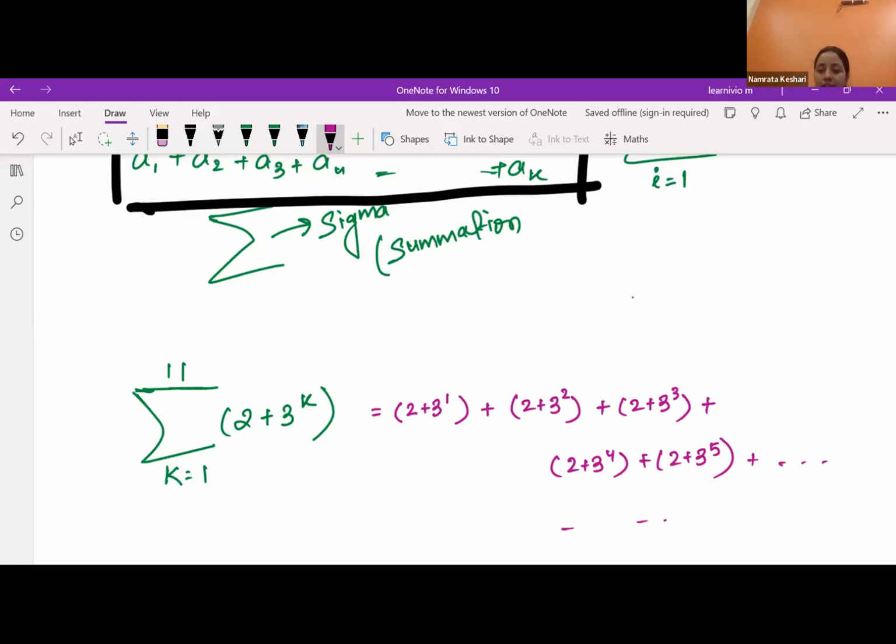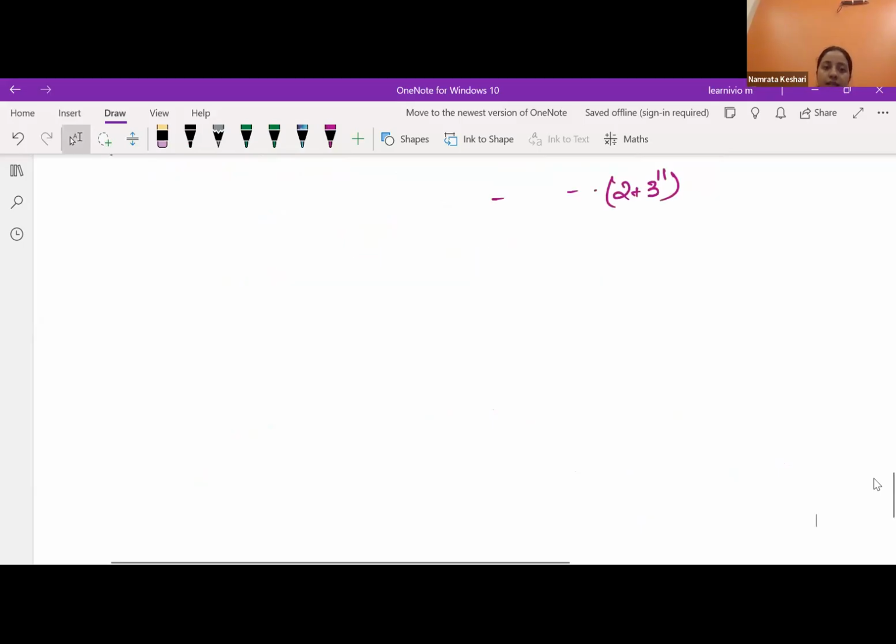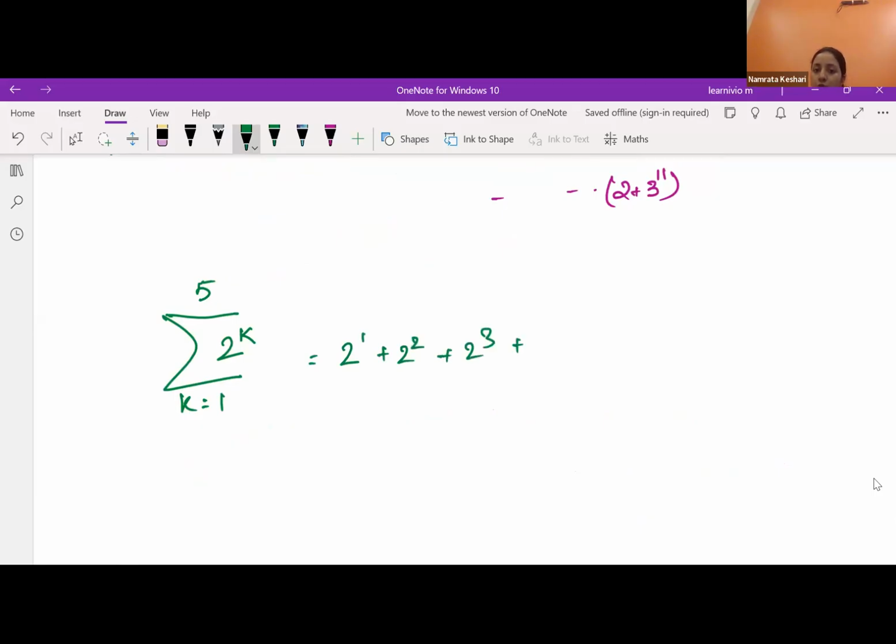If I give you something like this, that k is ranging from 1 to 5 and you have to find, let's say, 2 to the power k, then you will find the summation of 2 to the power 1 plus 2 to the power 2 plus 2 to the power 3 plus 2 to the power 4 plus 2 to the power 5.